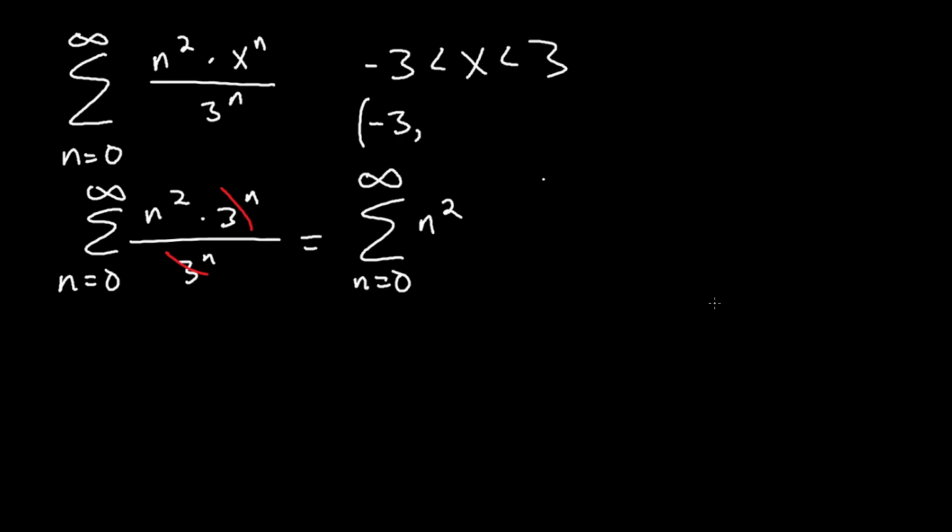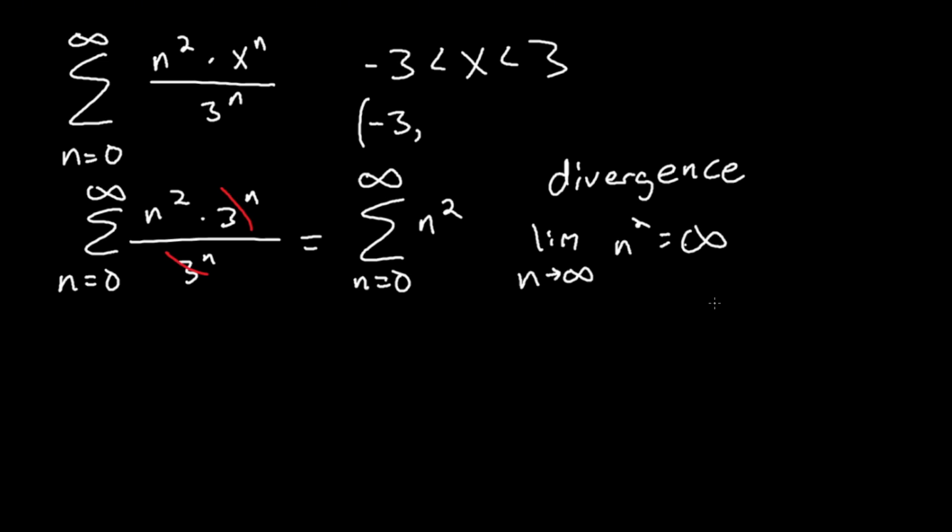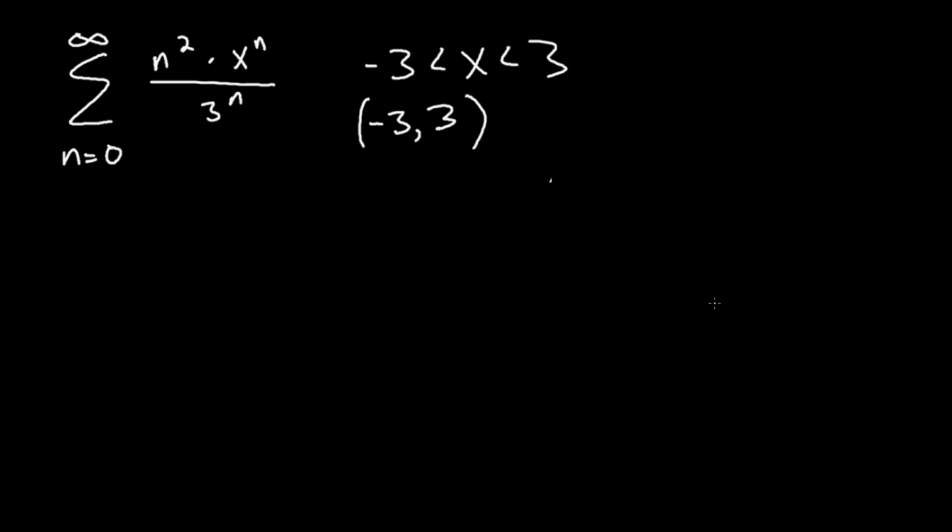Let's use the divergence test to prove this. Take the limit as n approaches infinity for a of n, or for n squared, we get infinity. This doesn't equal 0, therefore the series diverges. So when x is equal to 3, the series also diverges, so we should use an open parenthesis here.